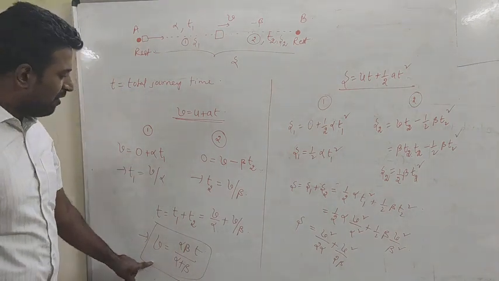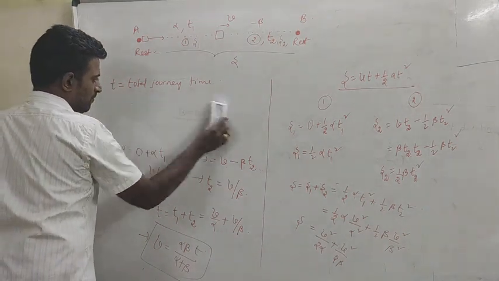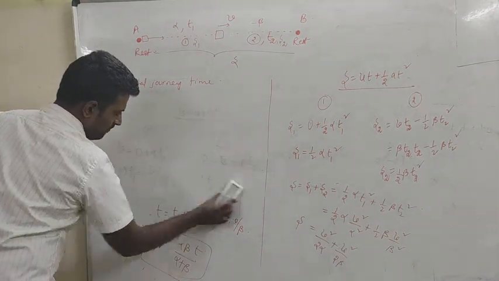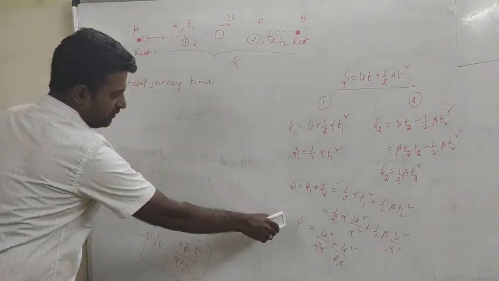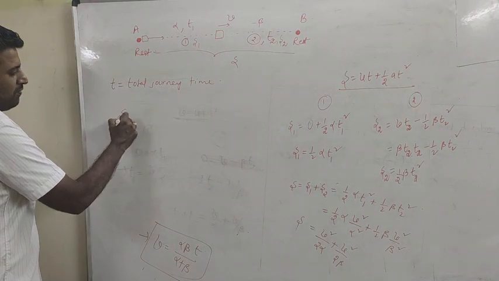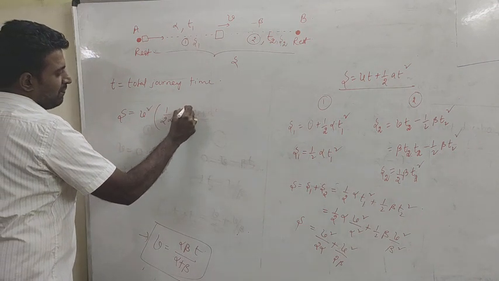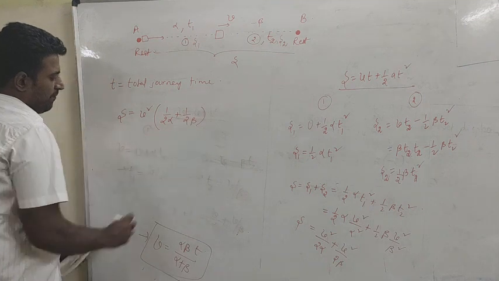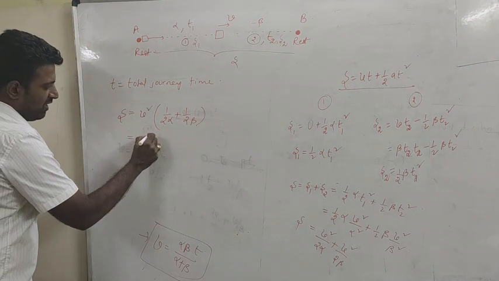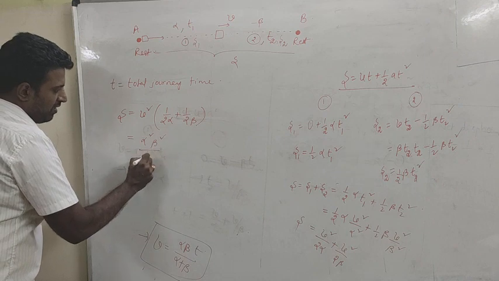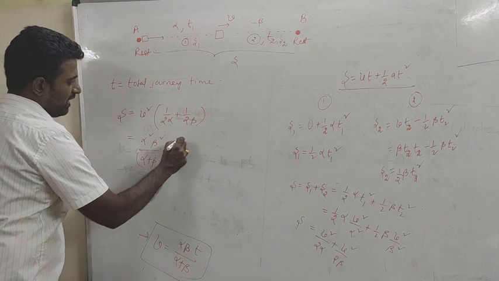Then you have the value of V here, you observe. I can substitute this V value in that equation. S will be equal to V square, I am taking it out as common, 1 by 2 alpha plus 1 by 2 beta, isn't it? V I am putting as alpha square beta square by alpha plus beta whole square into T square.